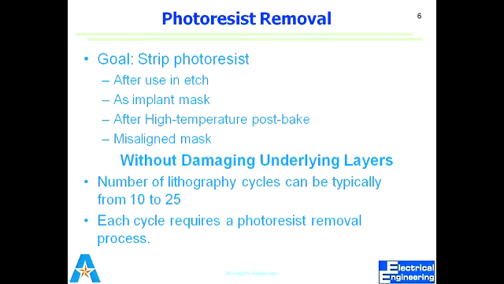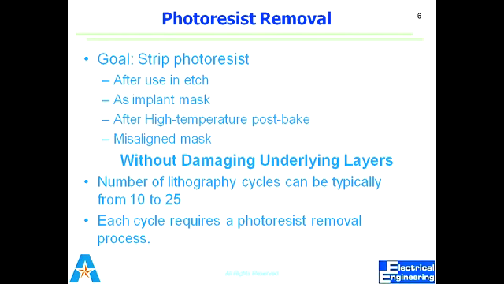The number of photolithography cycles that can typically be done on one wafer ranges from 10 to 25, but I don't think you usually need that many cycles. What does it mean? As I told you, if you have patterned one thing on a wafer, you can again spin on photoresist and go for the second cycle, pattern that film, and go for the third cycle.